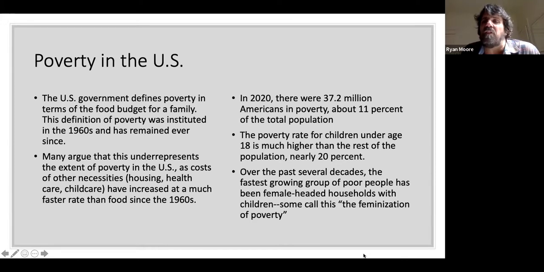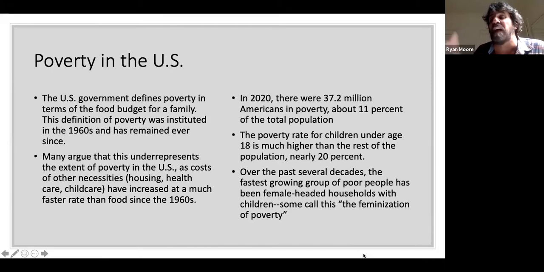But a lot of people think that this measure of poverty is actually seriously undercounting poverty, because the poverty line is tied to the food budget, to questions of food.